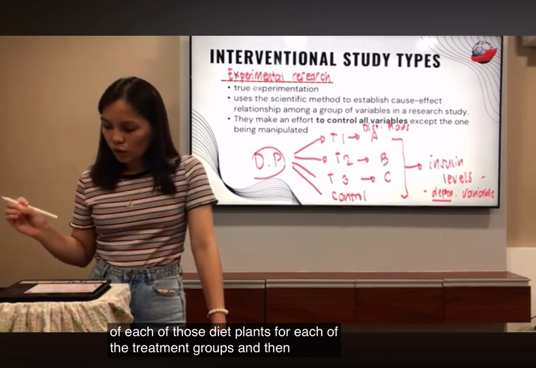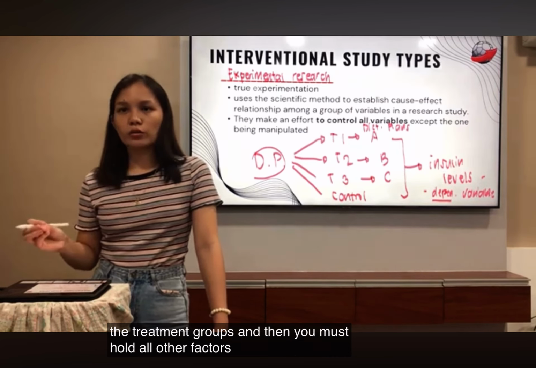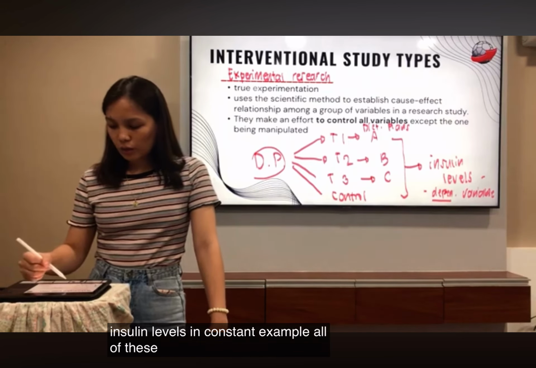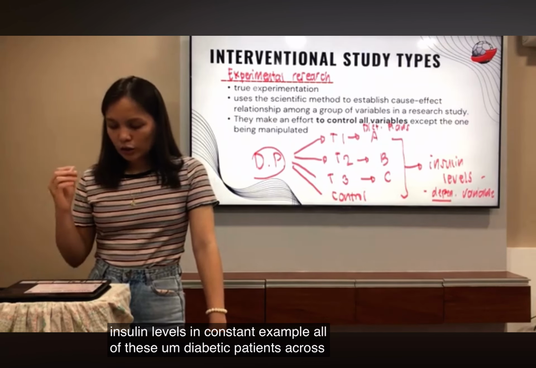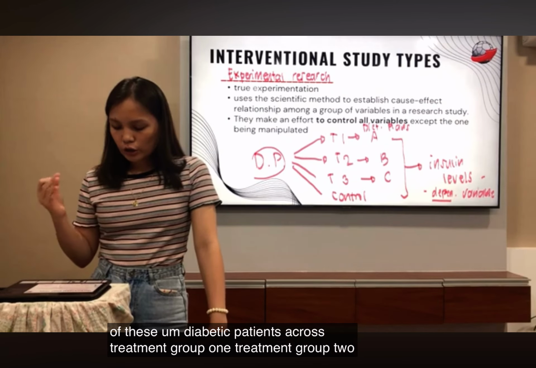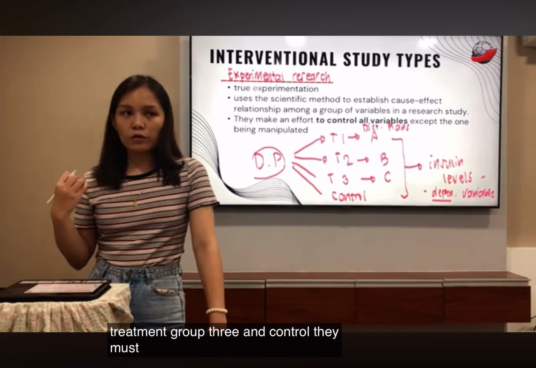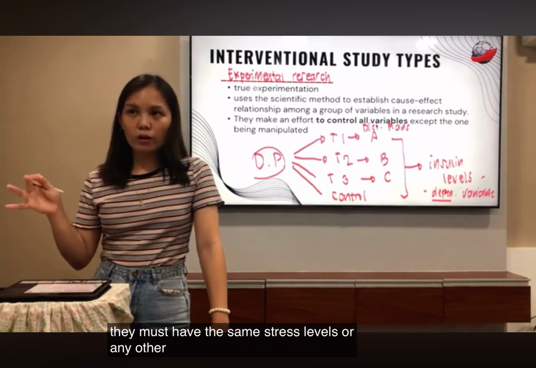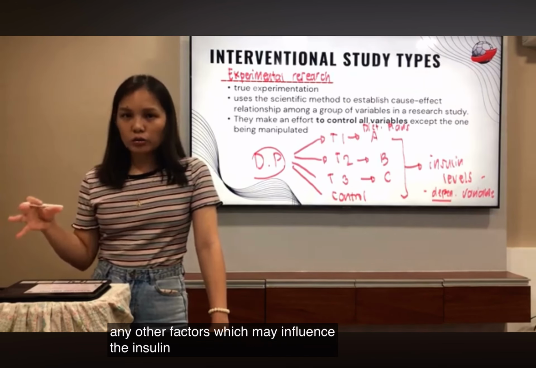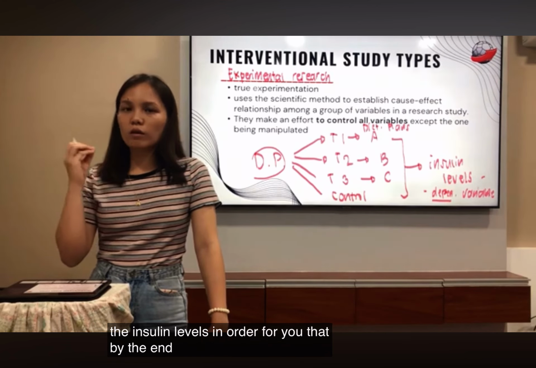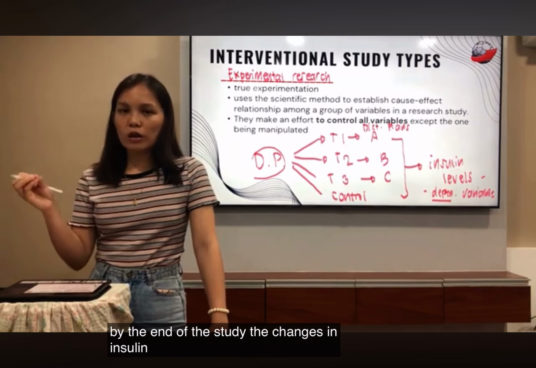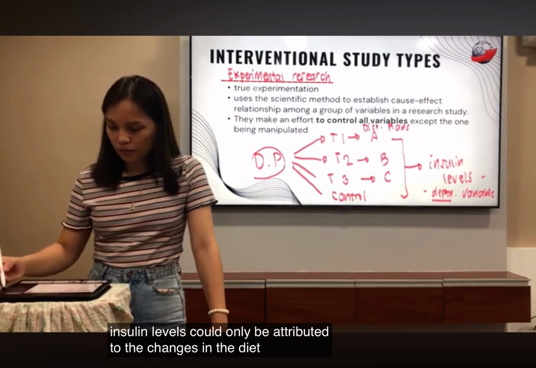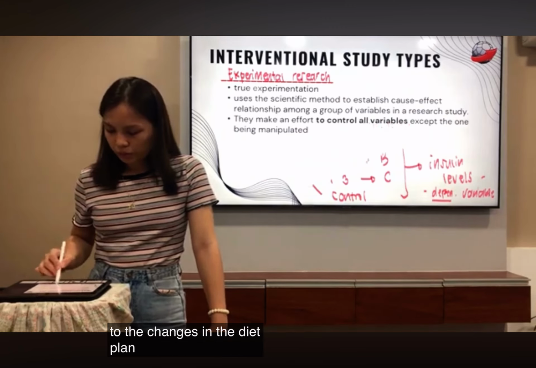And then, you must hold all other factors that may affect insulin levels constant. For example, all of these diabetic patients across treatment groups 1, 2, 3, and control must have the same exercise rate and the same stress levels, or any other factors which may influence the insulin levels, so that by the end of the study, the changes in insulin levels could only be attributed to the changes in the diet plan.